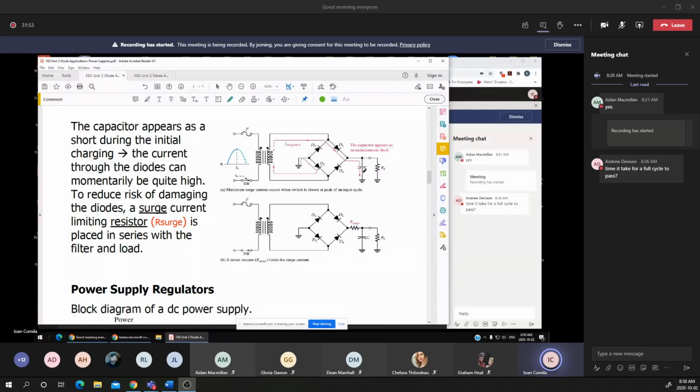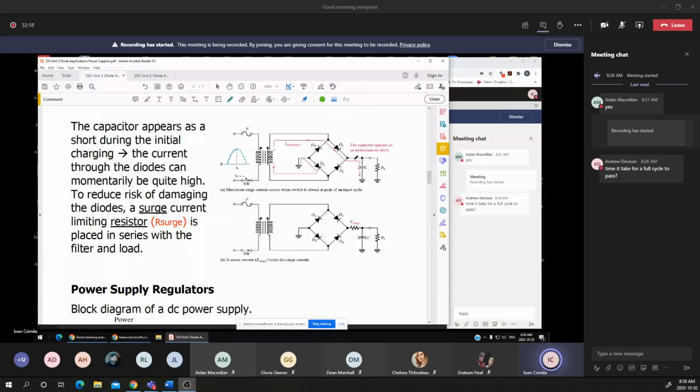The highest current is when the capacitor will start charging, meaning that it will draw a very large amount of current. Actually, this current can be quite high depending on the value of the capacitance, which may actually destroy, may burn, one of the diodes.